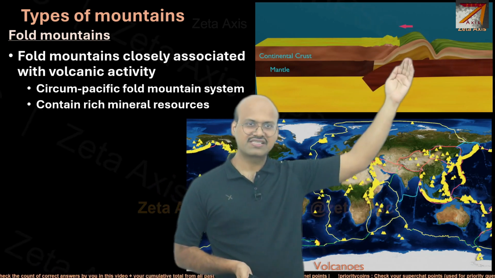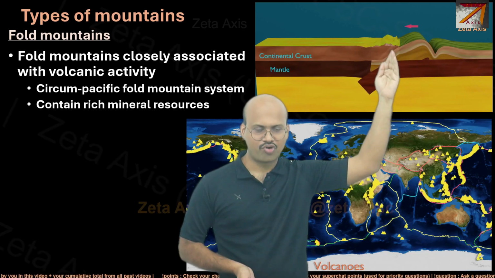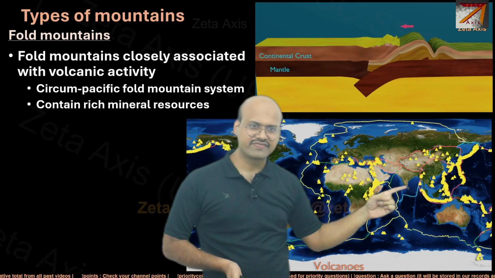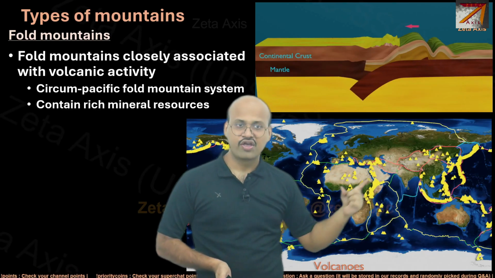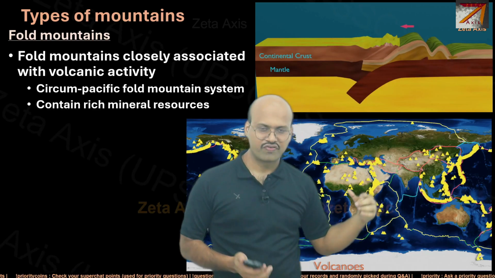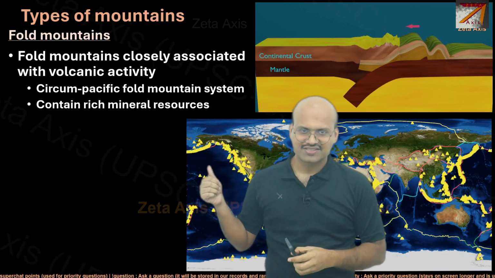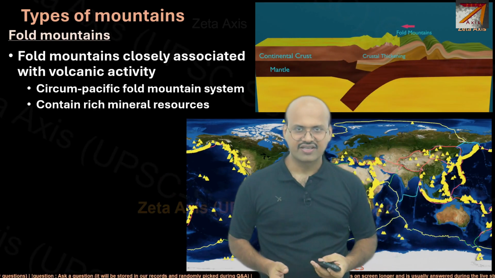Since the crust does not subduct to depth and does not contain a lot of moisture or water, it does not lead to formation of magma. That is why in the Himalayas, even though fold mountains are there, we do not see volcanoes. So at a continent-continent margin, volcanoes are generally not formed. At an oceanic-continental boundary, volcanoes are generally formed.